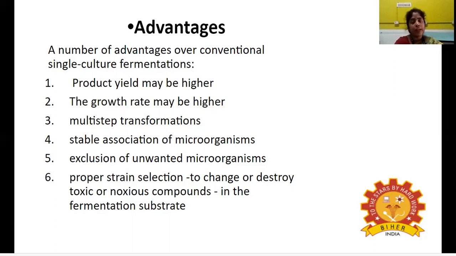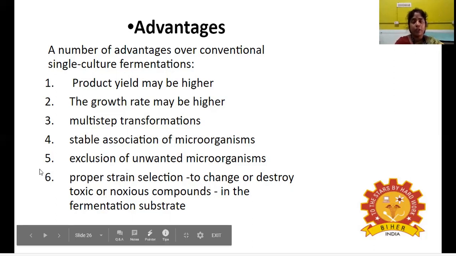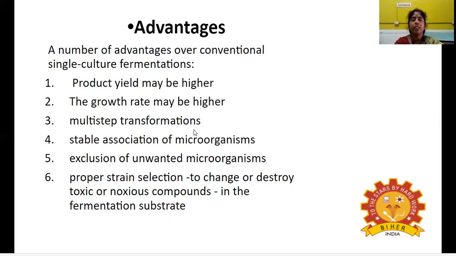The unstable product, as we all know, has to be converted into the product. So there is a multi-step transformation process, which means there will be a change in the shape of a microorganism due to the activity of a substrate on a particular microorganism.